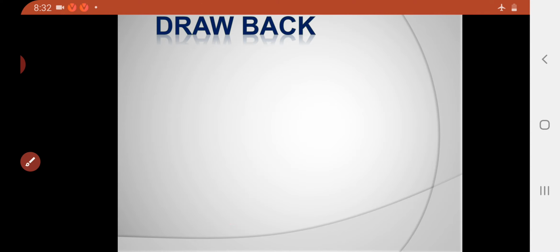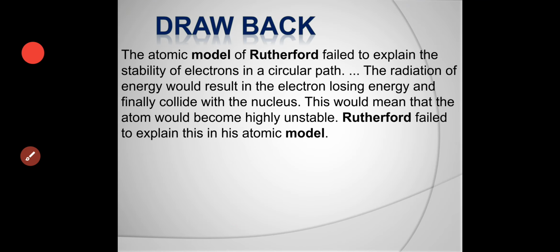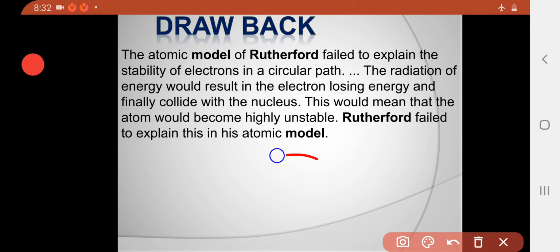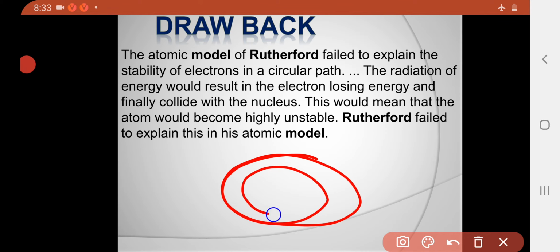So it is the drawback of Rutherford's atomic model that it failed to explain the stability of the electron in a circular path. The radiation of energy would result in the electron losing energy and finally colliding with the nucleus. So when the electron loses its energy, it loses its state and finally it will merge with the nucleus.